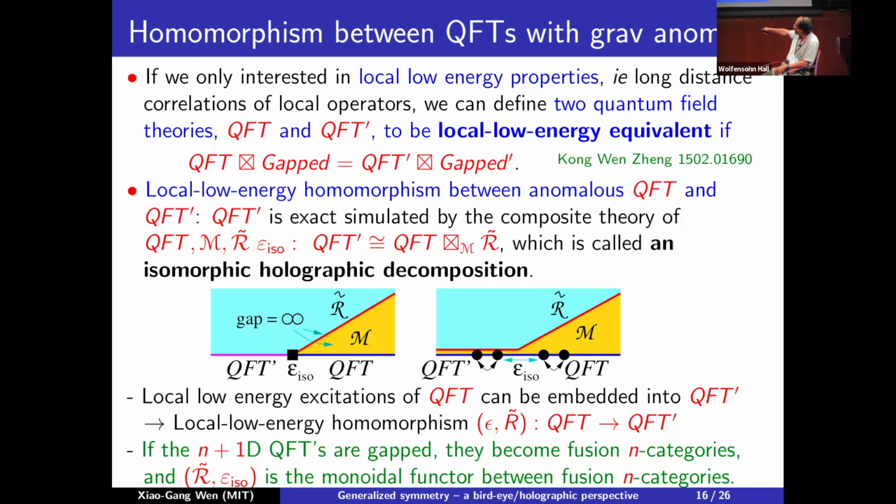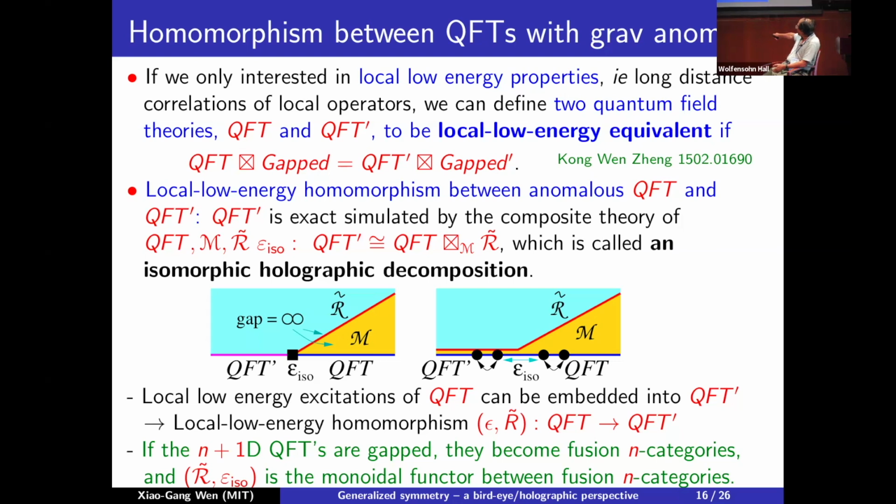This composite quantum field theory has one boundary quantum field theory, a gapped bulk, and another gapped boundary. Then, if this QFT prime is equivalent to this composition, like they have the same partition function, same spectrum, things like that, then we say that there is a homomorphism between these two quantum field theories.